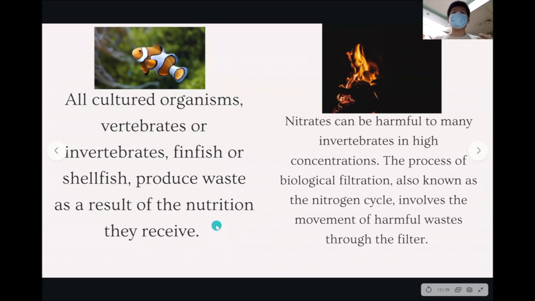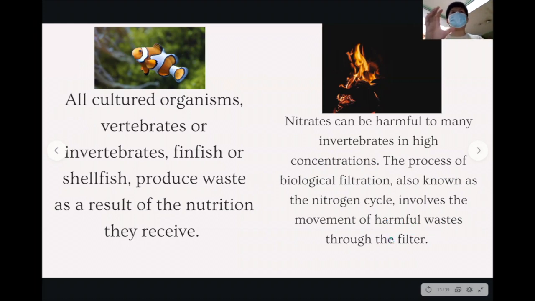So what they receive is actually this. From this, nitrates can be harmful to many invertebrates in high concentrations. For us also, not just for animals, it has a big function. So the process of biological filtration, also known as the nitrogen cycle, just what I said, involves the movement of harmful waste through the filter.